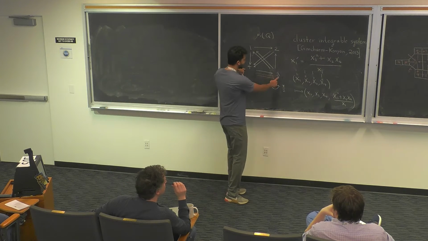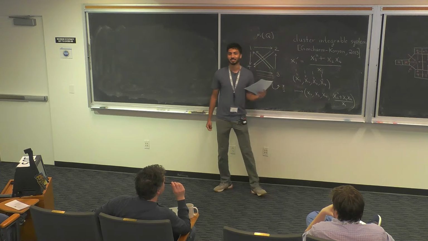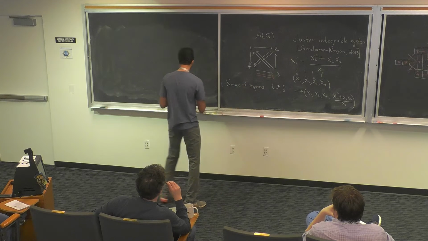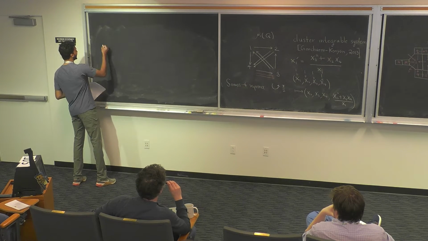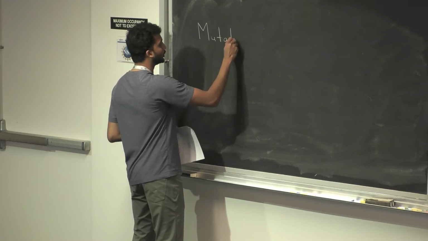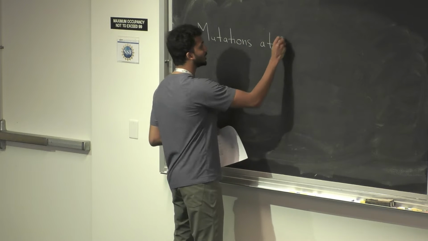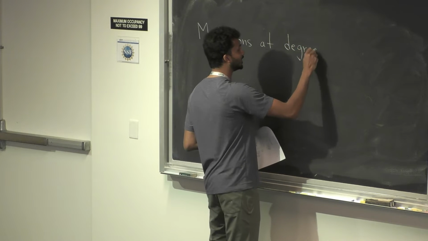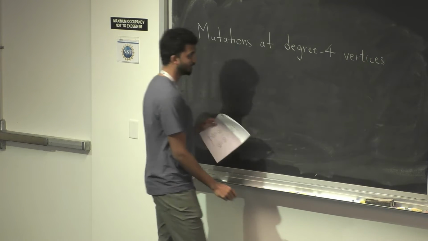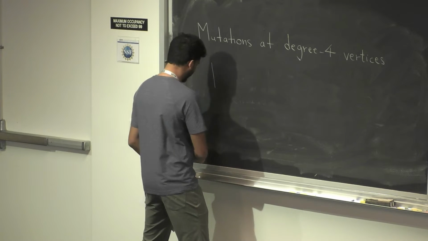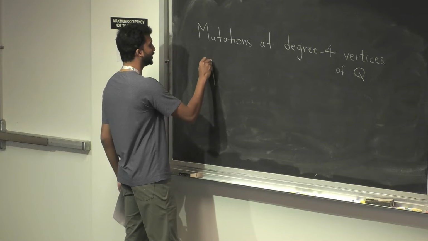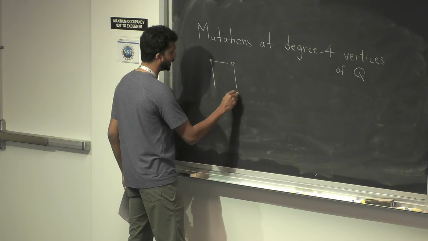Okay, so this operation of mutation also has a natural interpretation in terms of bipartite graphs. And it was independently discovered before mutation was discovered. In the bipartite case, you're only allowed to mutate at degree 4 vertices. A degree 4 vertex of the quiver looks like a square face in the bipartite graph.